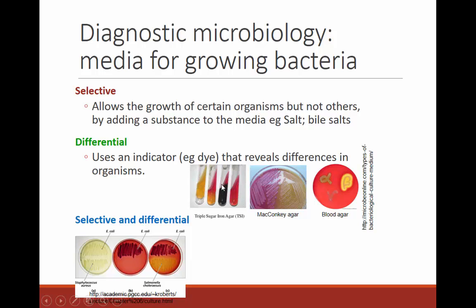Here it's really black, so that means the bacteria has produced hydrogen sulfide and it's reacted with the iron. Here we've got an alkaline slope and a yellow butt, so acid is being produced here. Here we've got complete acid production in the slant and in the butt, but it has also produced gas. So you can tell a lot from the triple sugar iron agar.